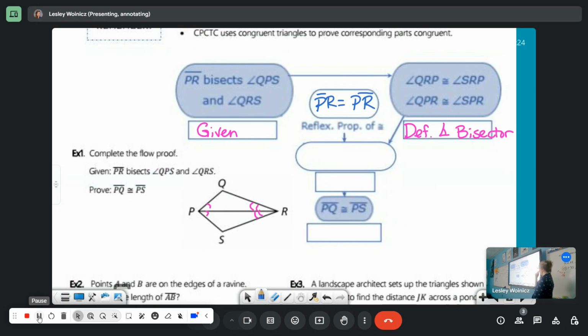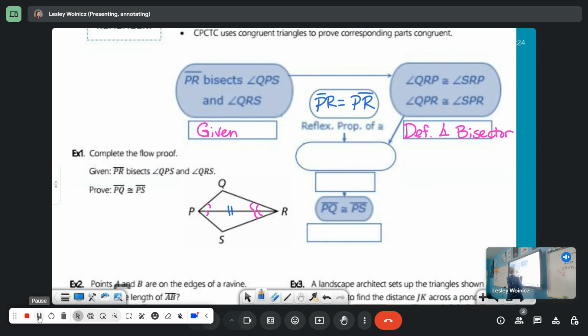Okay, now what? Do I have two pairs of congruent angles? Do I know that their included side is congruent? It's angle, side, angle.